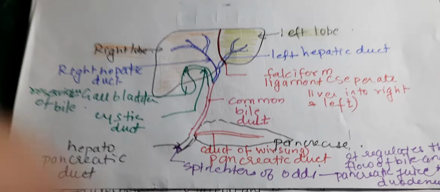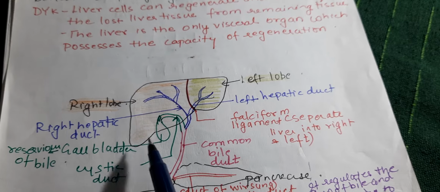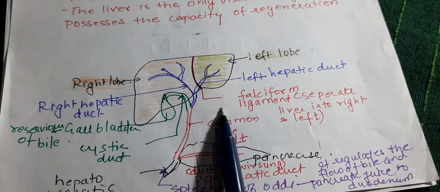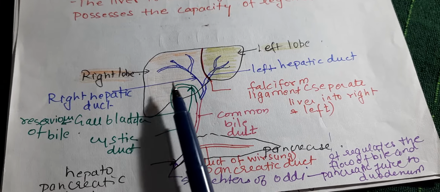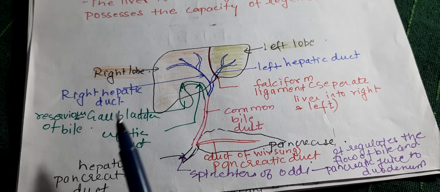If you look at the structure of the liver, you can see this is the right and this is the left lobe, and this falciform ligament divides the liver into the right and left. The right one is larger, here you can see.